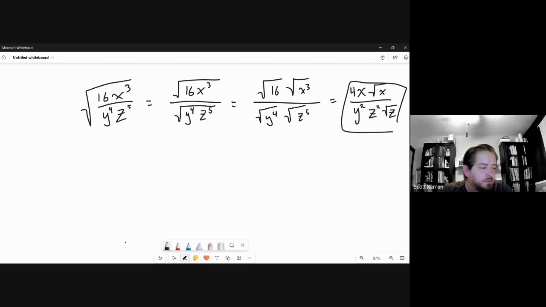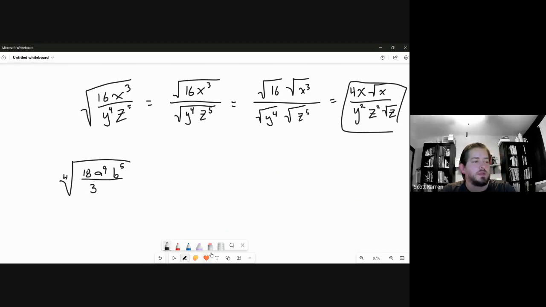Let's look at this. We have the fourth root of 18 a to the ninth, b to the 5th over 3b.